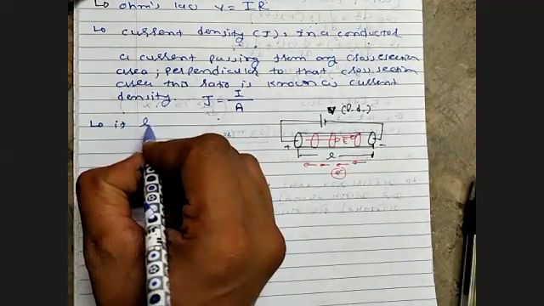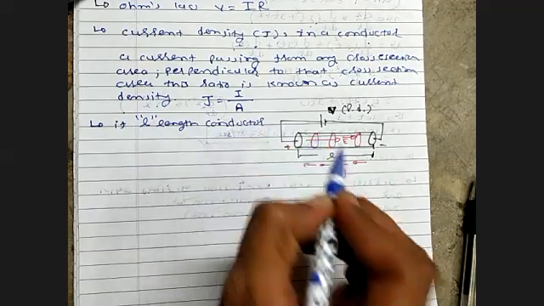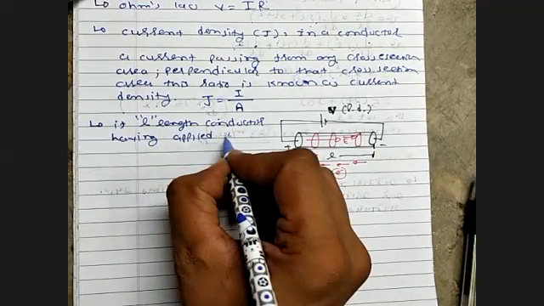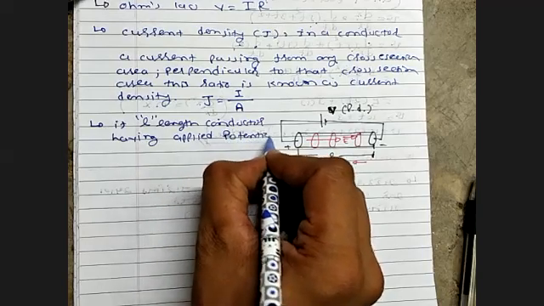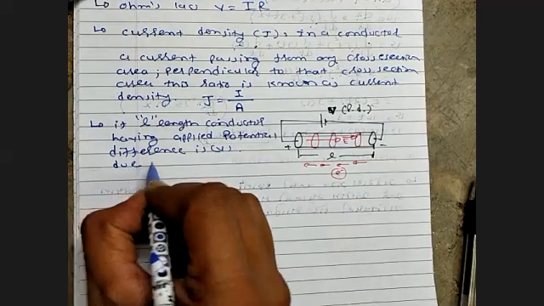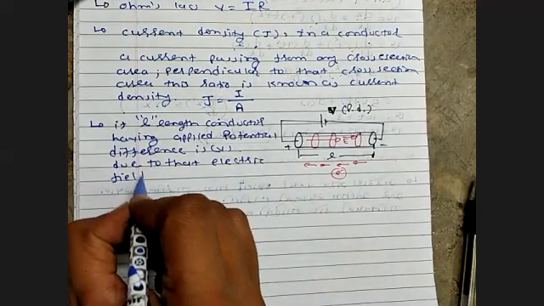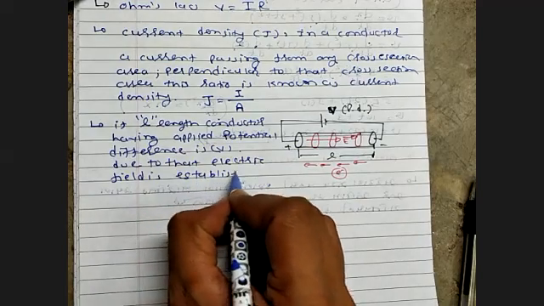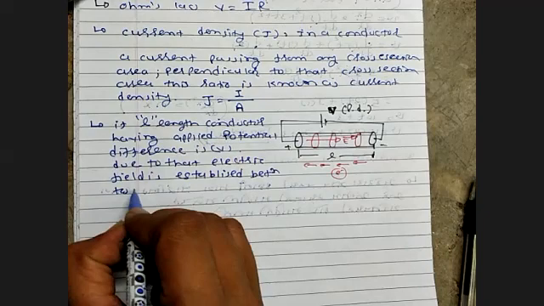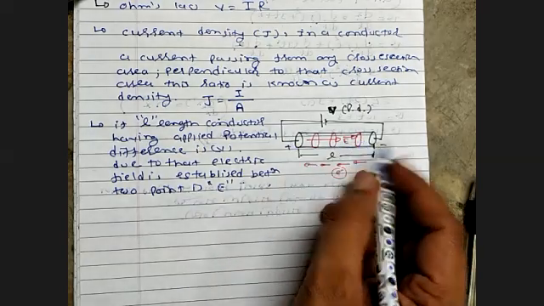If an L length conductor has an applied potential difference V, due to that an electric field E is established between these two points. You see that the electric field is established between these two points and this potential difference is over here.